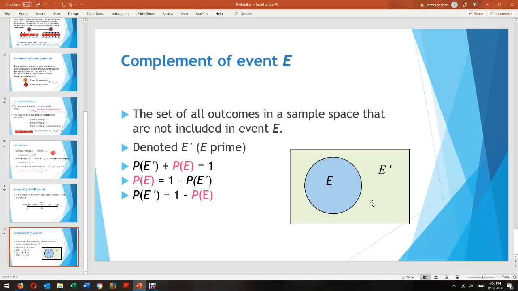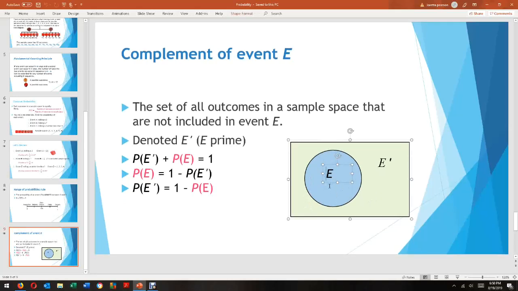And once we specify an event, we can start filling in some numbers. For instance, I'm going to say the event is rolling a 3, I'll put the 3 here. Then E prime is going to be 1, 2, 4, 5, and a 6.